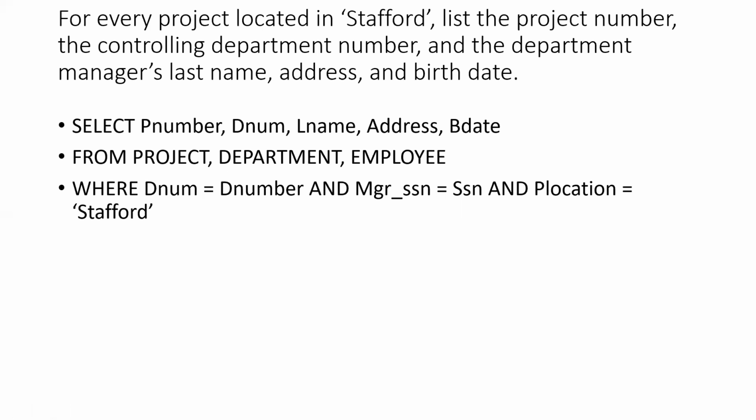So here we select P number, D num, department number, manager's last name, that is L name, manager's address, and manager's birth date, B date, from three tables: the project number is present in the project table, the department manager details are present in the department table, and the manager's name, address, and birth date are present in the employee table.